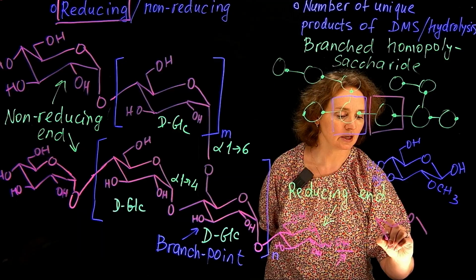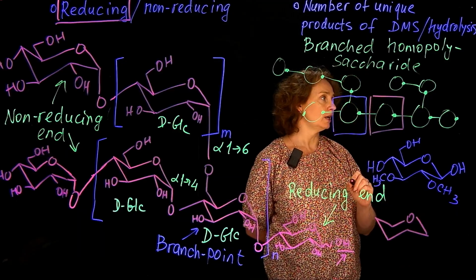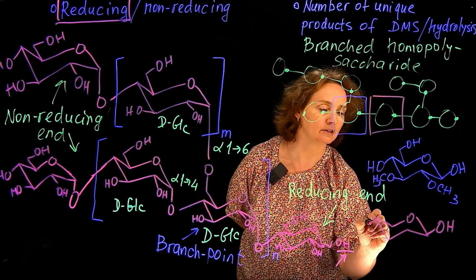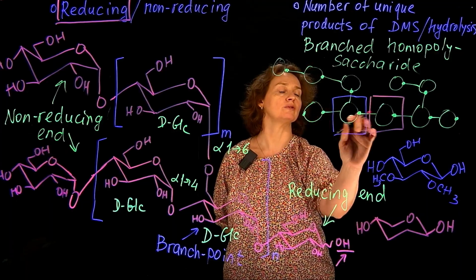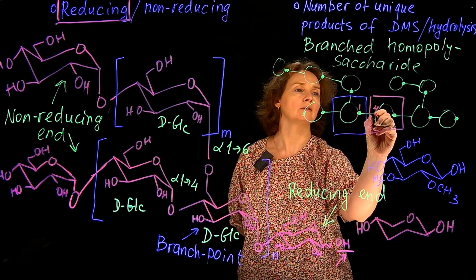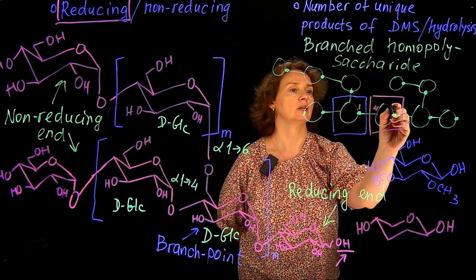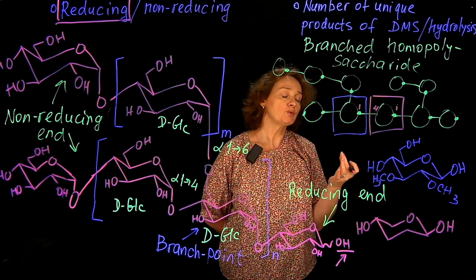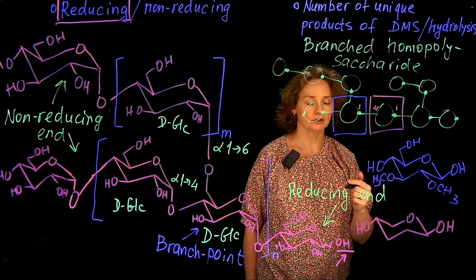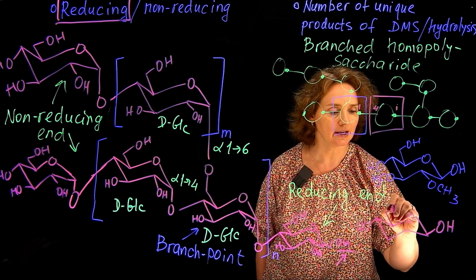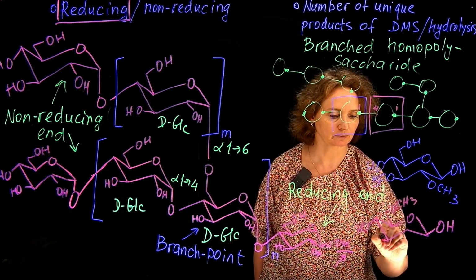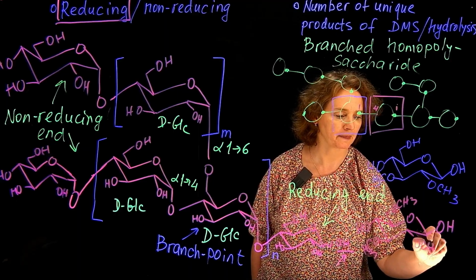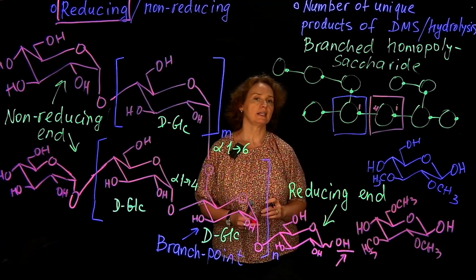Because this sugar has just two glycosidic bonds, we expect two unmethylated OH groups corresponding to the positions of those carbon atoms which were involved in the glycosidic bonds. But everything else is methylated. Right? That is the second type of the products.